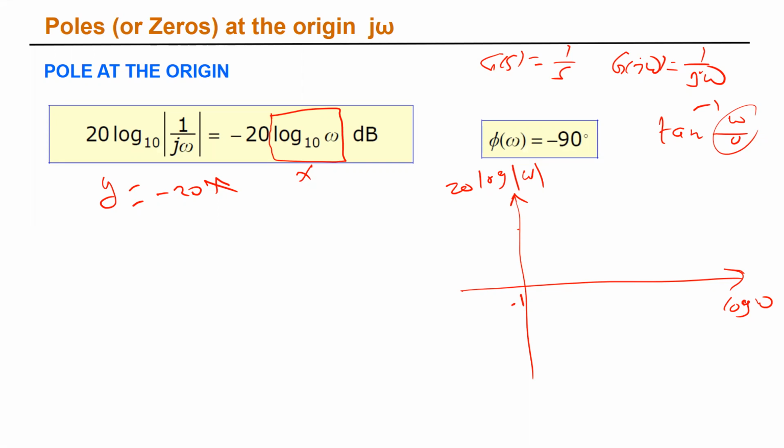Minus 2. Any other thought? What I'm saying is, if my origin is at 0.1, start at 0.1. If I substitute 0.1 here, what will be the magnitude? First of all, log of 0.1 equals what?